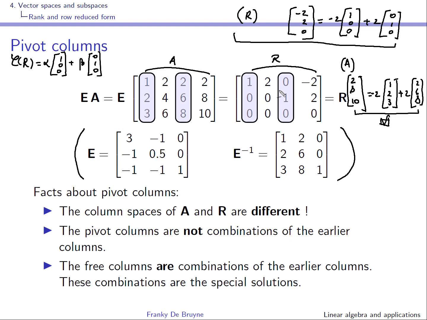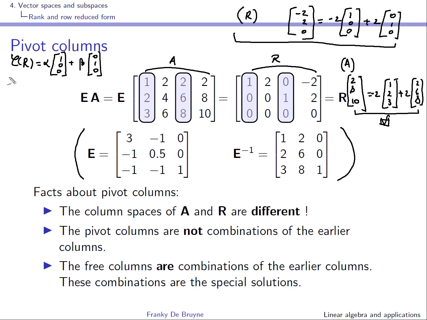Okay, why do I not need to put the 3 columns in here? Well, simply because they are linear combinations of the pivot columns. Okay, so to compute the column space of R, I only need to take the pivot columns and take linear combinations.